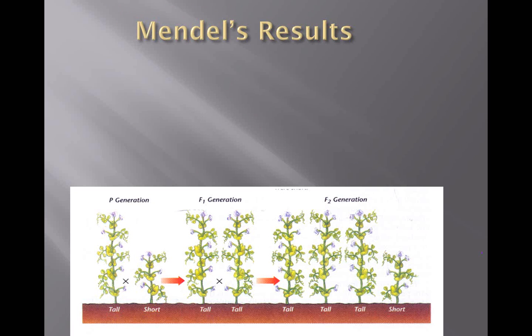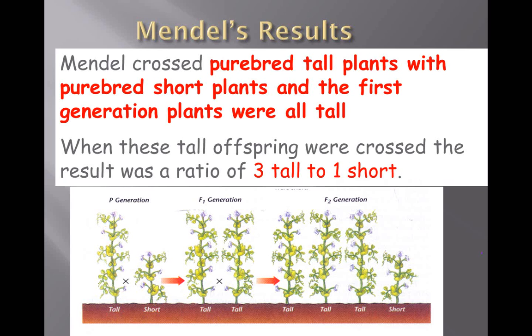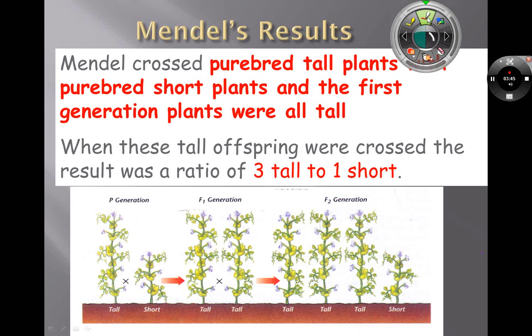Here's what he found. When he crossed these plants, in the first generation, everything was tall. Some parents were tall, some were short, but all the offspring that came out were tall.